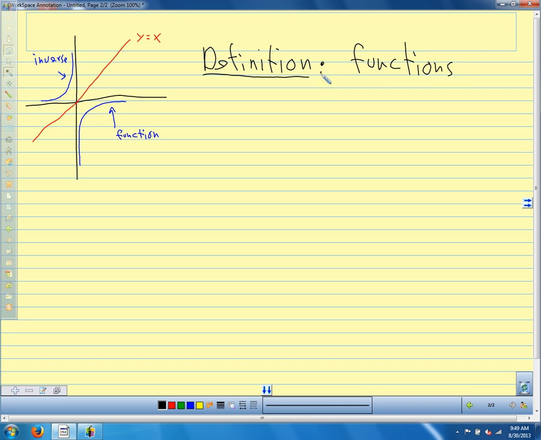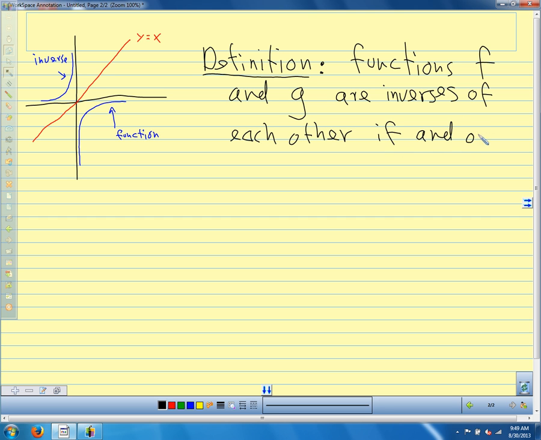So we have functions f and g, and these functions are inverses of each other if and only if we have two conditions. The composition of f with g equals x.